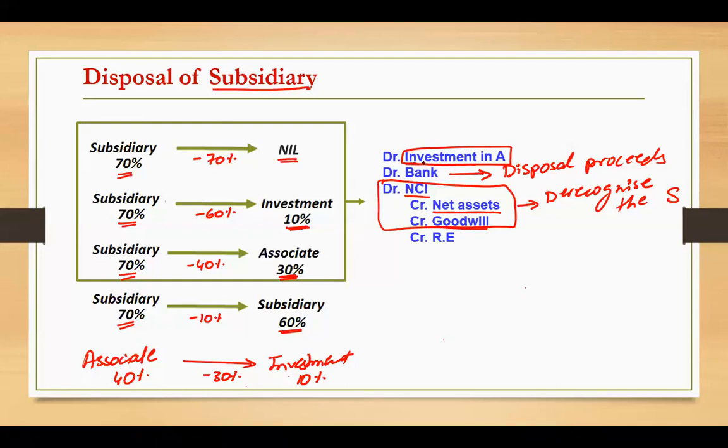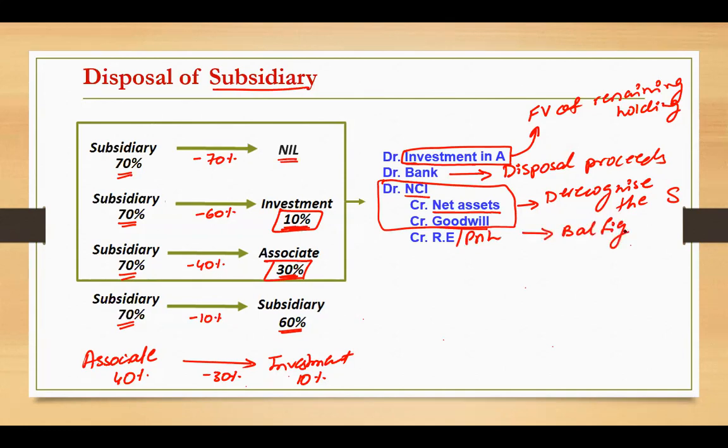So this is the entry that we are going to make, and the investment in associate will be debited by the fair value of the remaining holding. So it is going to be the fair value of 10% in the first case, fair value of 30% in the third case, and the balancing figure will go to P&L as gain or loss on disposal.